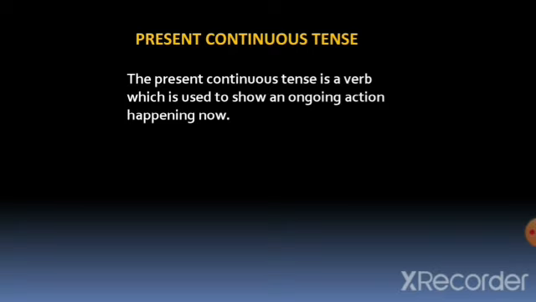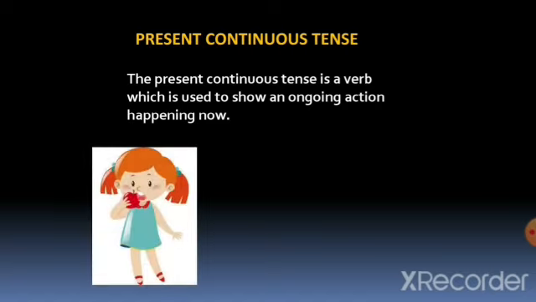So, let's start today's main topic, present continuous tense. What is a present continuous tense? The present continuous tense is a verb form which is used to show an ongoing action happening right now. That means the work or action is continuing at present.